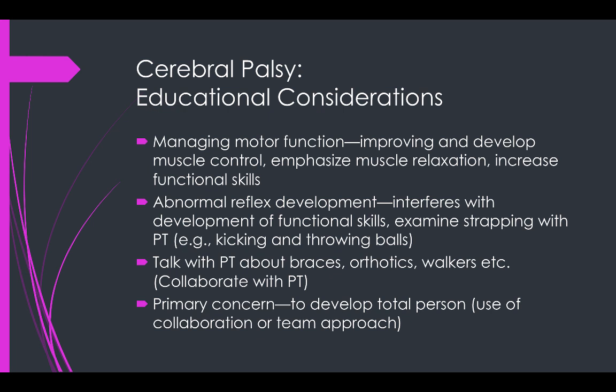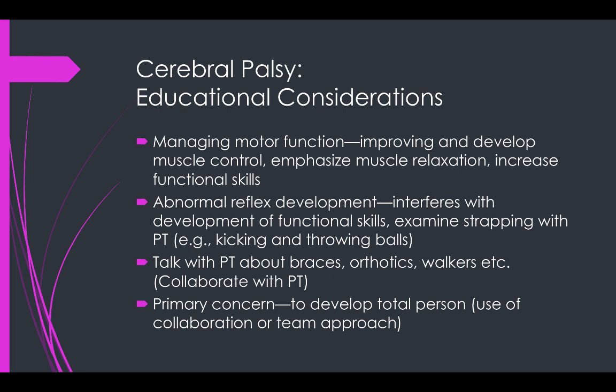So what are some educational considerations when it comes to cerebral palsy? One is that we want to manage and, if possible, increase their motor function. We can do this by improving and developing muscle control.